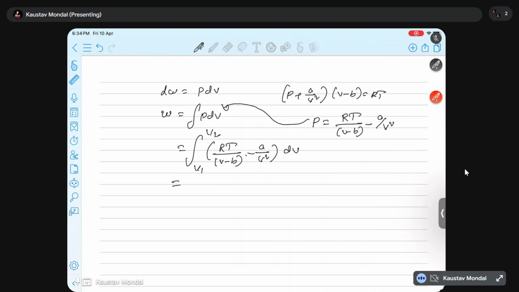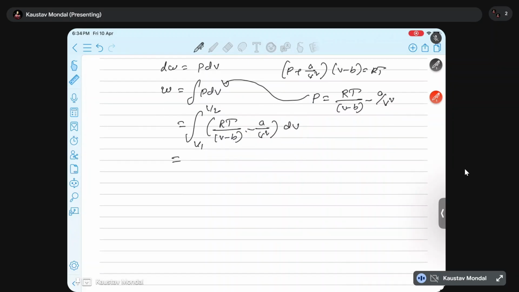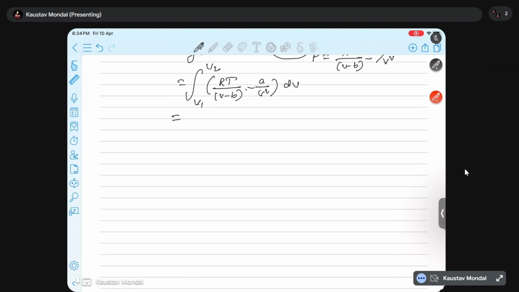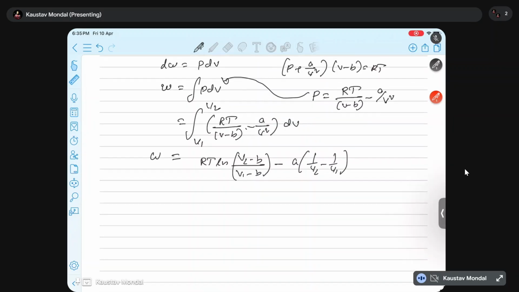These are the integration limits. So the first term, if you do the integration, gives you the ln, so RT into ln (V2 minus b)/(V1 minus b). Similarly, the next term, if you do the integration, will become a (1/V2 minus 1/V1). Okay. So this is the correct expression of the work done.